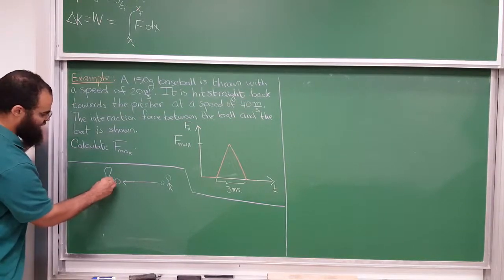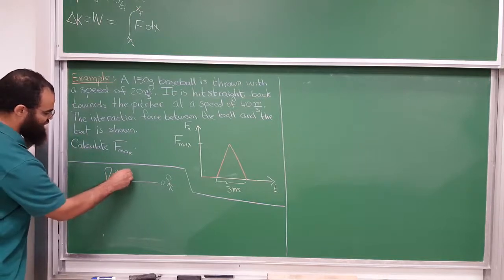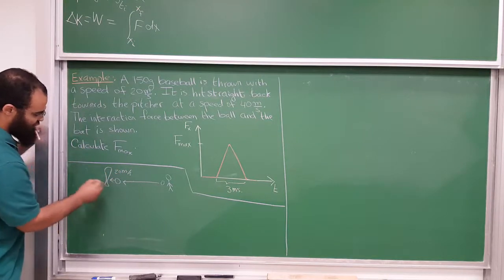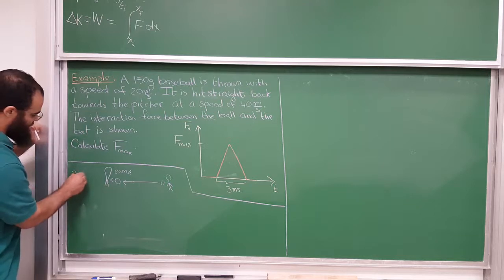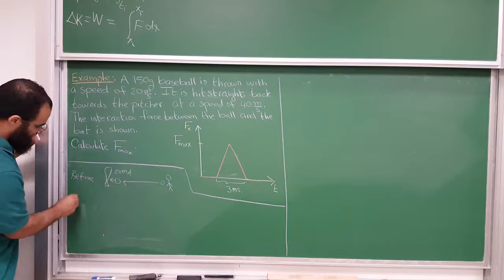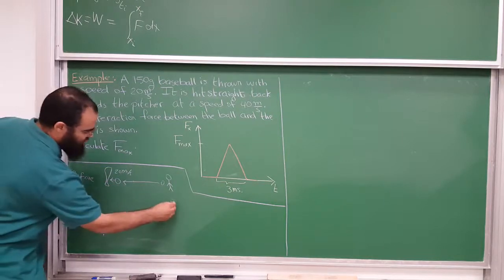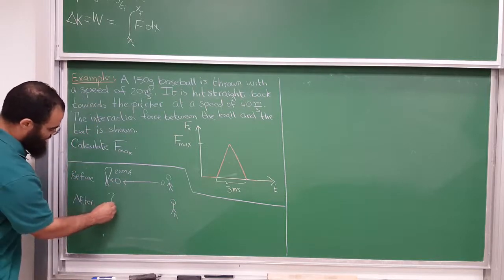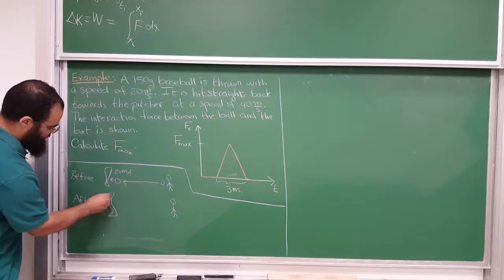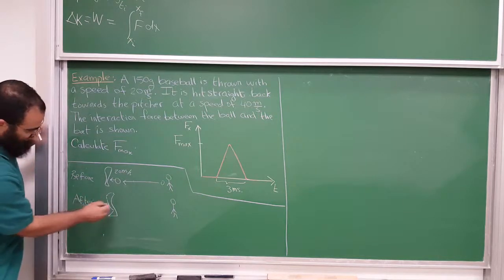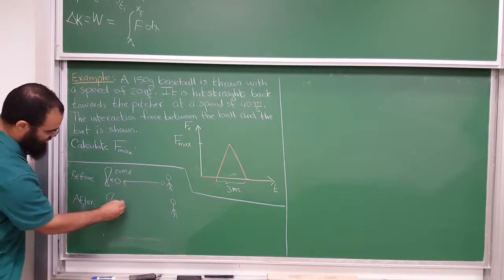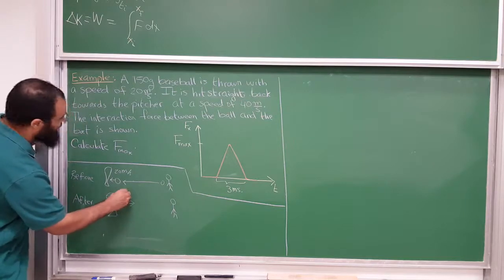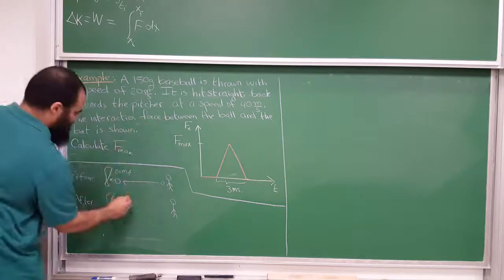So it hits the bat with 20 meters per second. This is before, right before it hits the bat, and this is after it hits the bat. After, the pitcher, the person who threw the ball, is still there, and here is the baseball bat. That's not a very nice bat, but you get the idea. The ball hits, then bounces back toward the pitcher, and then it is hit at 40 meters per second.